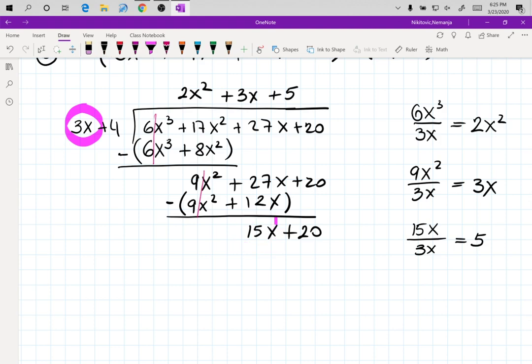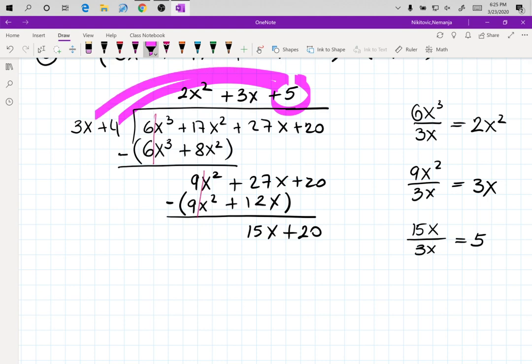Now we multiply that 5 back into both of these. 5 times 3x is 15x plus 20, and now when I subtract, they both cancel and we have no remainder this time.